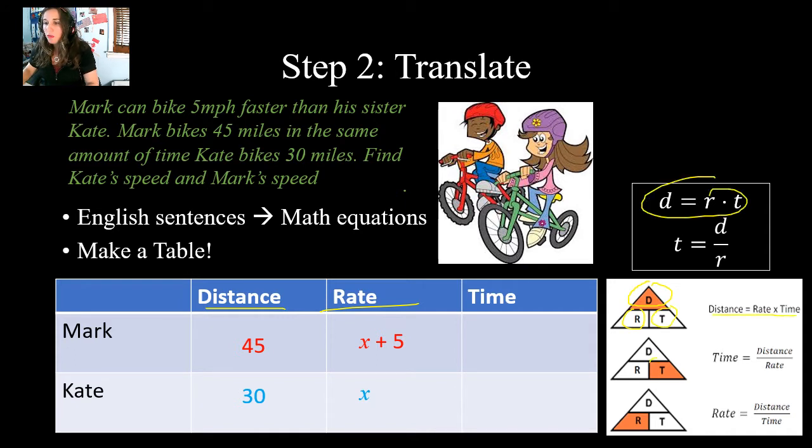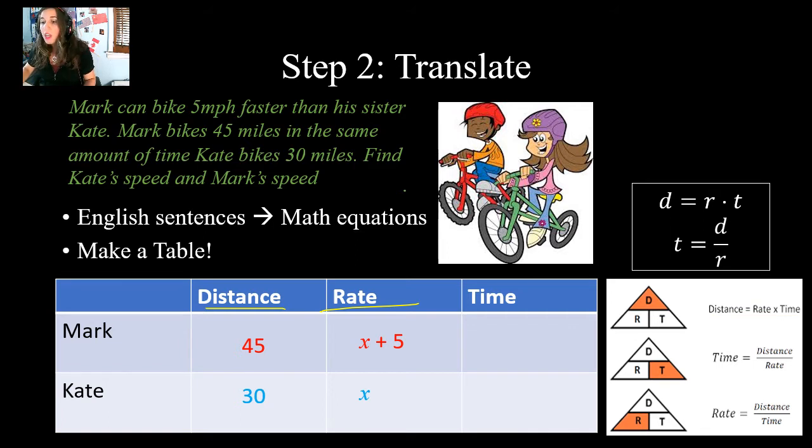If you want to solve for time, well, that's distance divided by rate, and that's what we were looking for. And if I want to solve for rate, then it's distance divided by time, okay? So if that helps you remember this formula, great. You draw a triangle, put D at the top, and then put R and T below it for rate and time. It's just a little trick to help you remember these formulas that we're going to be using.